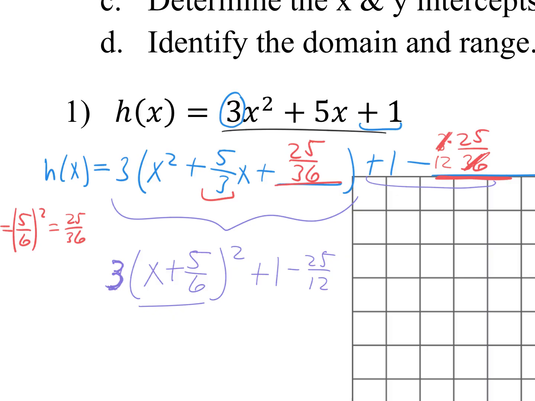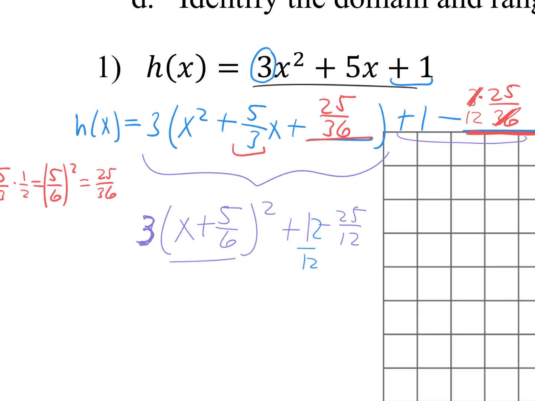And then very last thing to complete this square, I want to combine those like terms, right? So the 1 minus 25 over 12, how would you combine those? Yeah, right, so 1 over 1 is the same as 12 over 12. And then I can do 12 minus 25, which is negative 13.